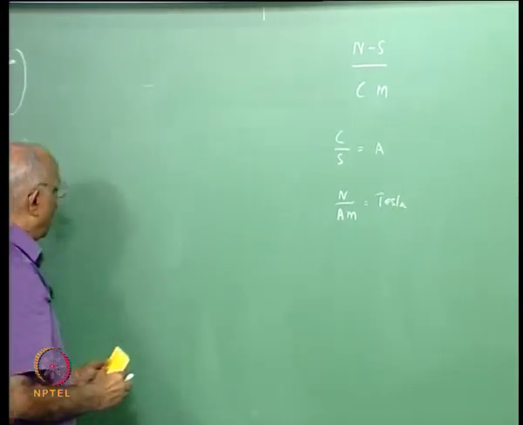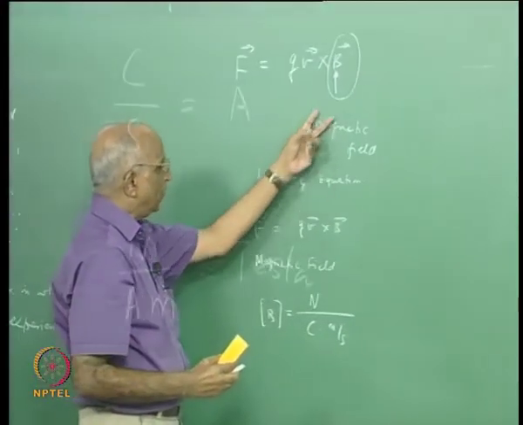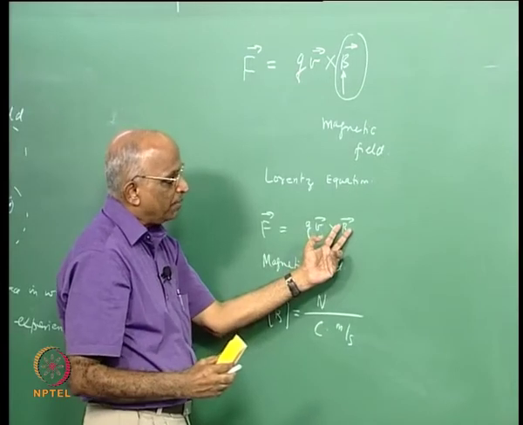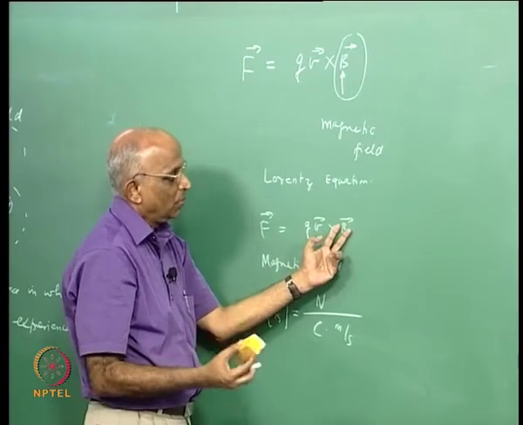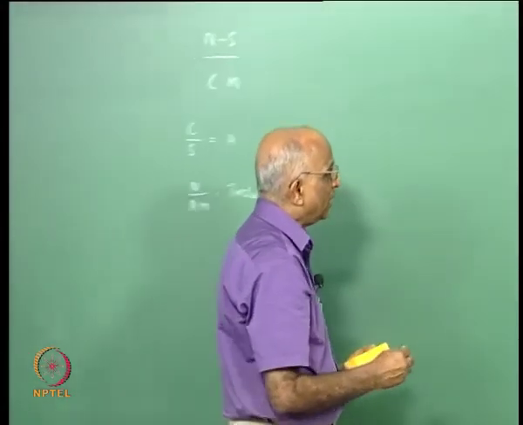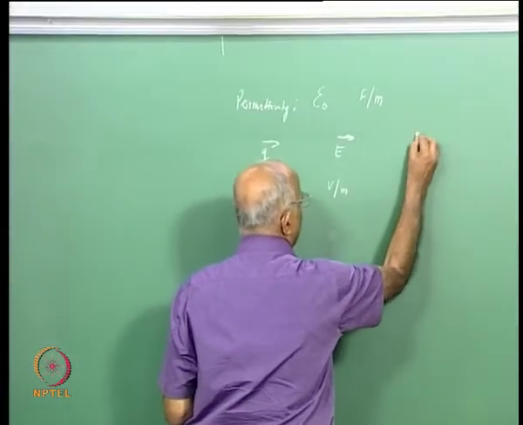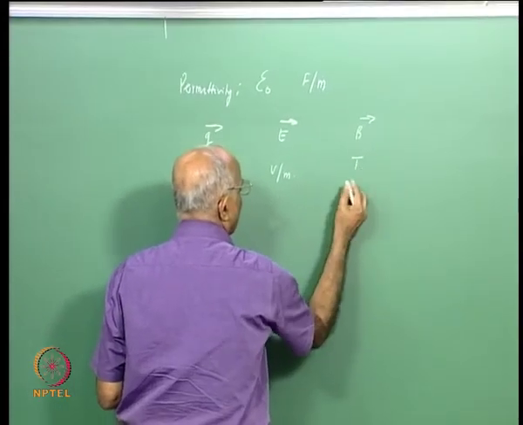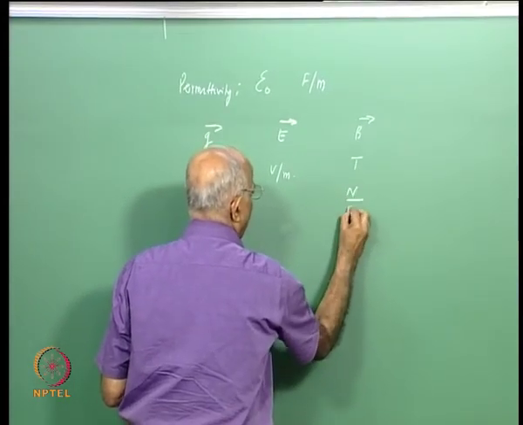Therefore the unit for the magnetic field B is Newton per ampere meter, which is known as Tesla. And therefore, we say the magnetic field is expressed in terms of Tesla, which is Newton per ampere meter.